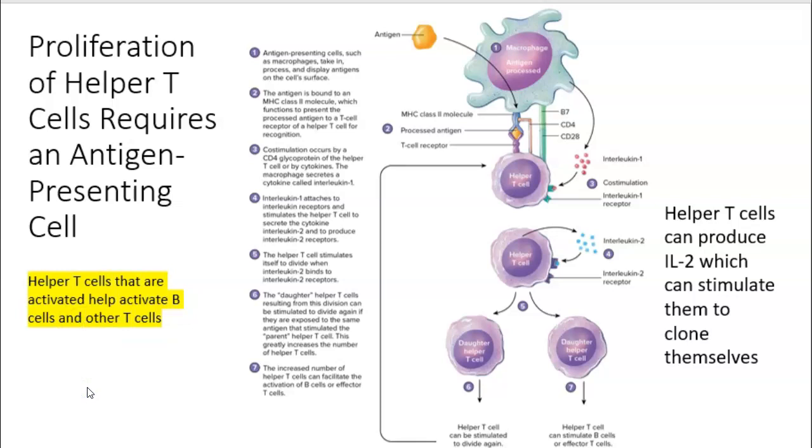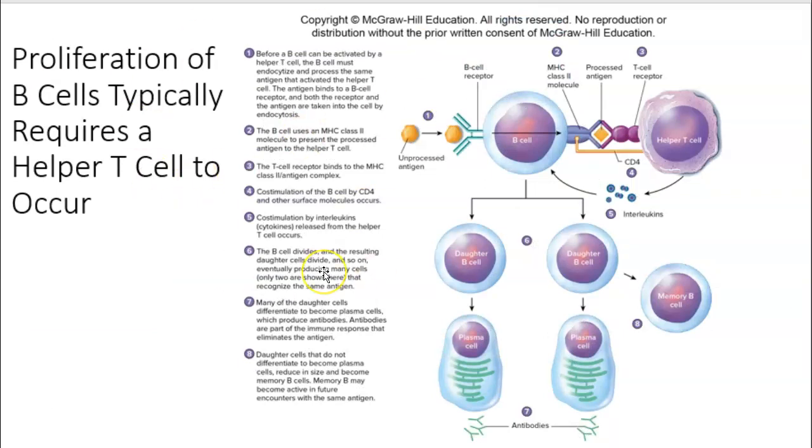They're kind of activating everybody else and getting them ready for battle to fight. So that's what we're going to see in the next slide here. That in order for a B cell to fully become activated and then clone itself, it typically requires a helper T cell. So let's see what's going on here.